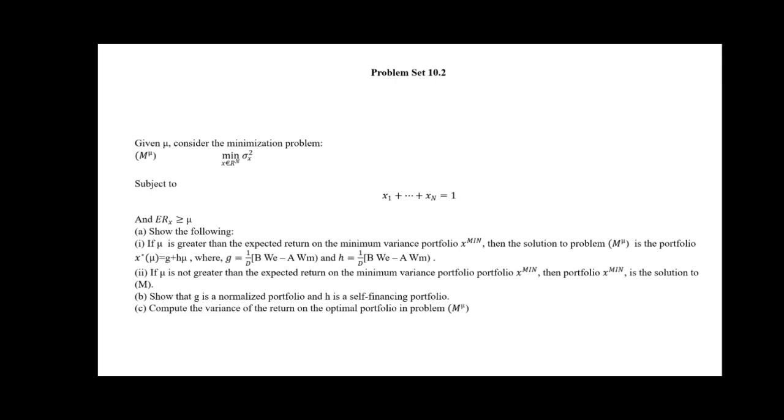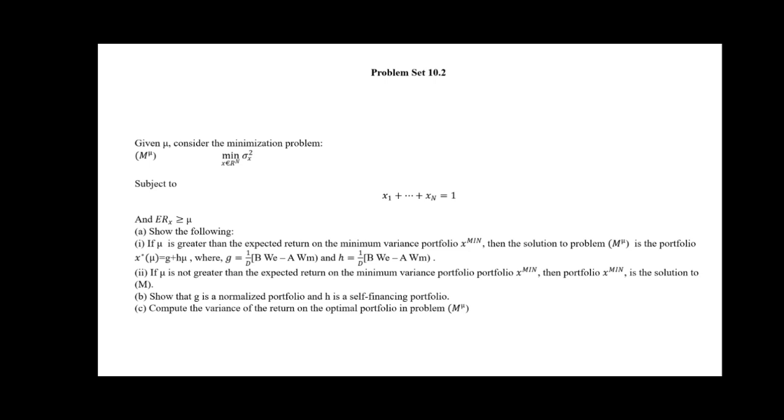The problem statement is then restated. Given mu, consider the minimization problem: minimum sigma x squared subject to x_1 + ... + x_n = 1 and E[R_x] greater than or equal to mu. Show that if mu is greater than the expected return on the minimum variance portfolio x minimum, then the solution is x star of mu equals g plus h mu.